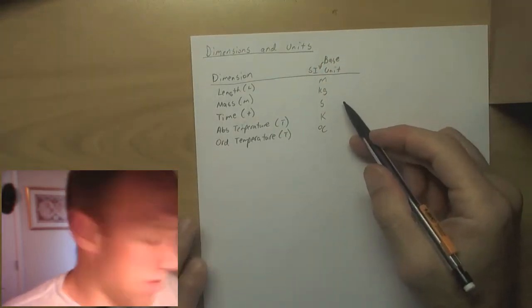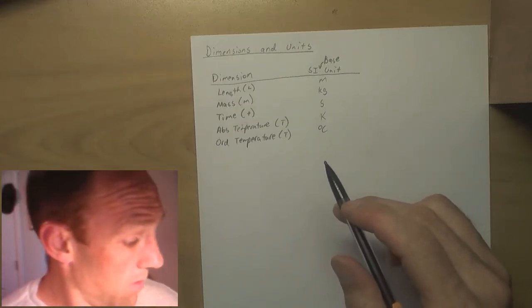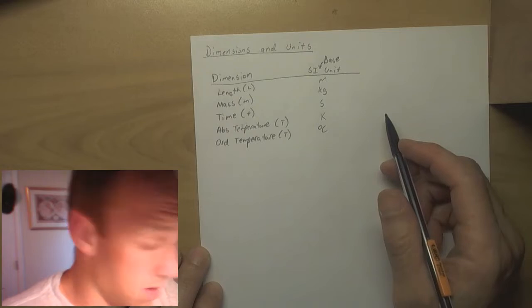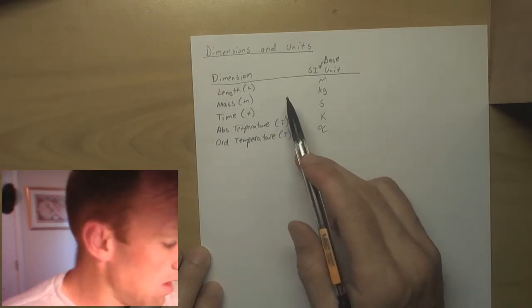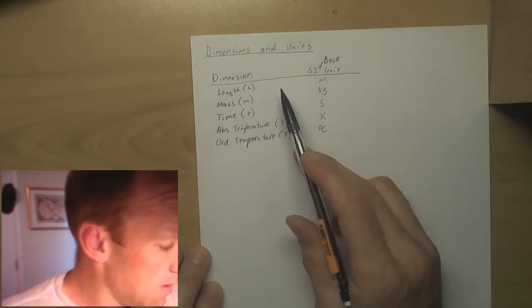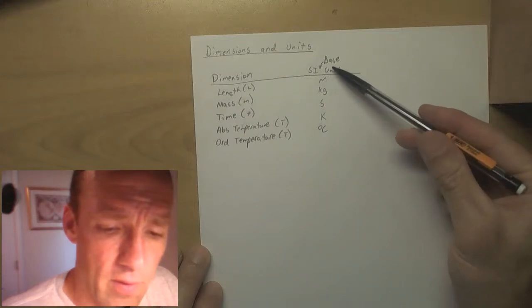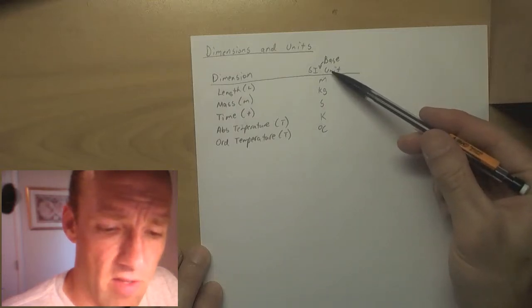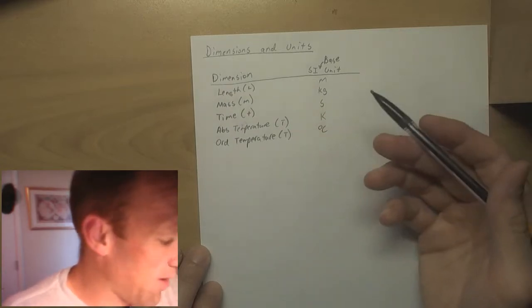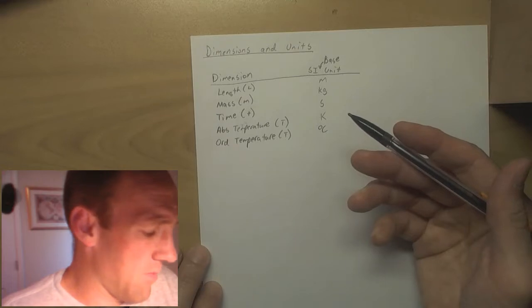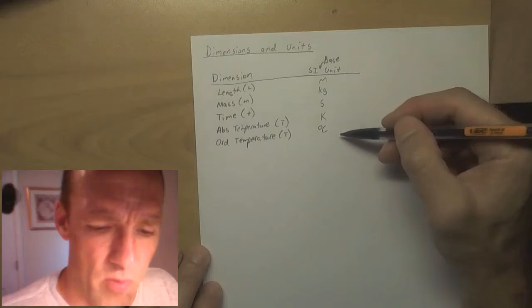And from these units, we can derive other more commonly used units. Okay, so there are more base units in the SI system. Okay, there's things like current and luminosity and things like that, but for our purposes, this should be enough to suffice.